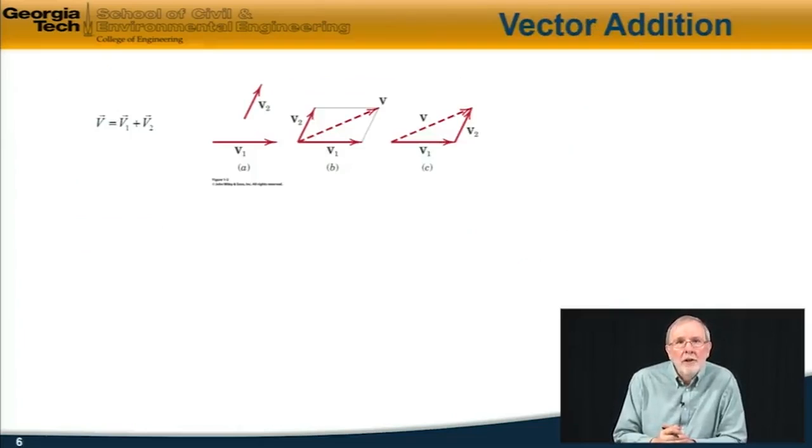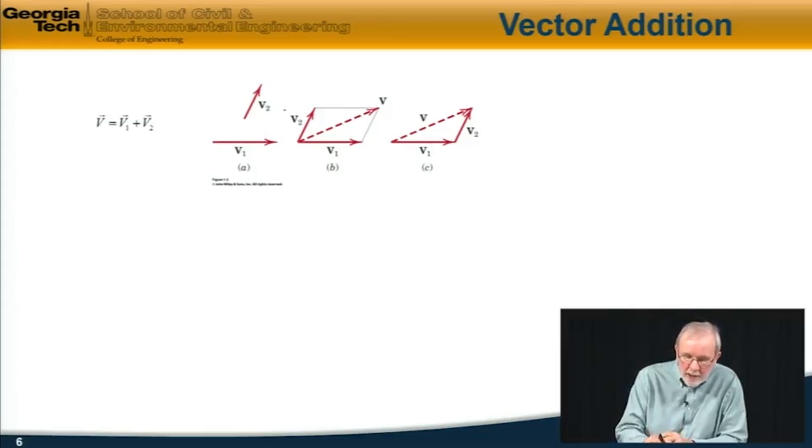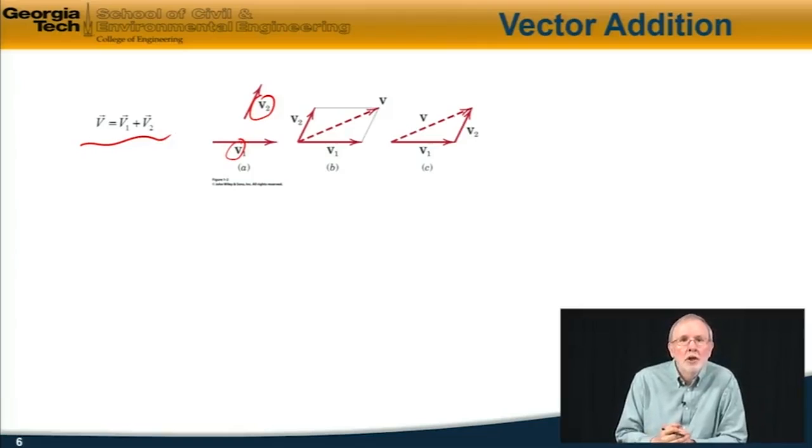We can add vectors by simply adding them in a force polygon head to tail. So in this case we have two vectors, v1 and v2, and the vector sum of those two is just v1 plus v2, which we can do in this form here. But we can also do this by adding the components in the different directions.